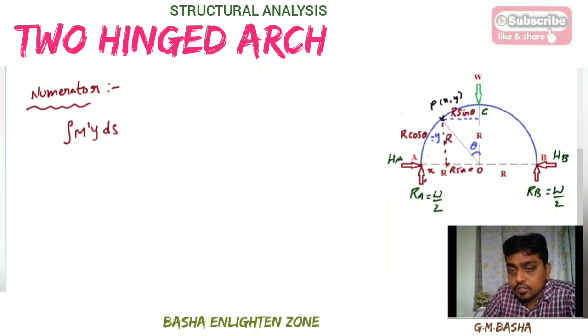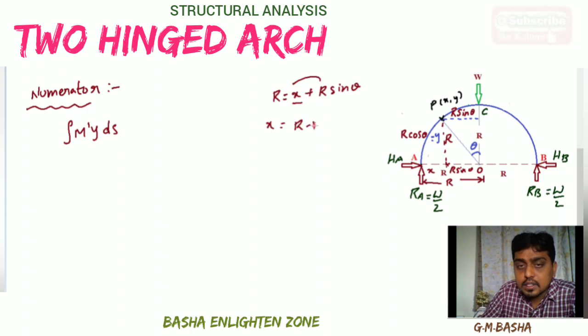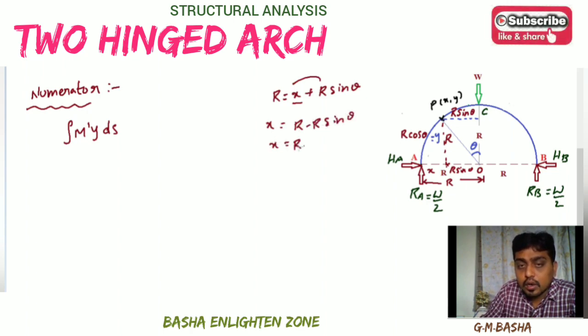The distance from here to center will be r, already given in the data itself. So in total r will be equal to x plus r sin theta. If I want the distance of x, I am sending this to the other side, r minus r sin theta. Therefore x equals r into (1 minus sin theta).